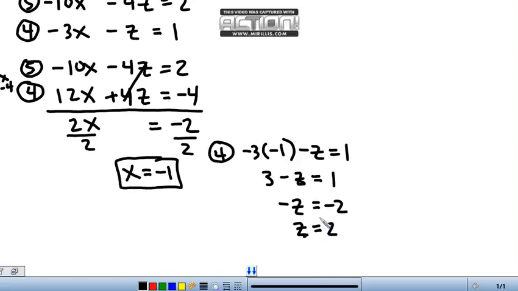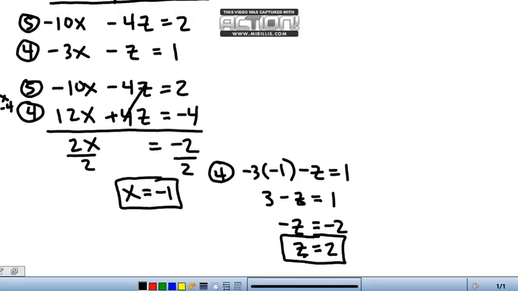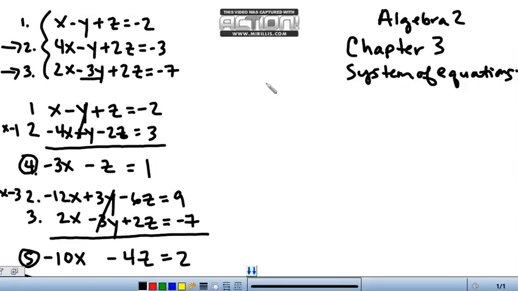So I have x equals negative 1 and z equals 2. I'm going to bring both of these values up to the top: negative 1 and 2. I have one more left. I need to solve for y. Now all we have to do is plug both values into one of these equations.